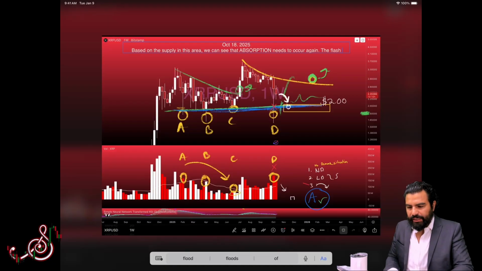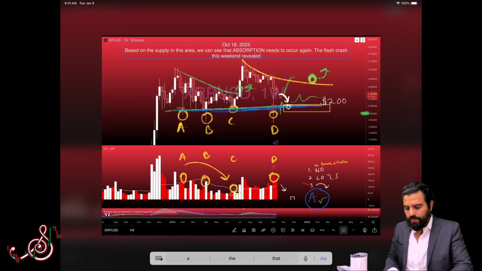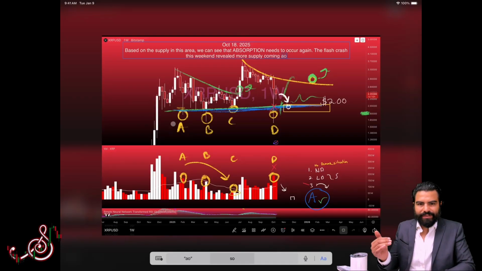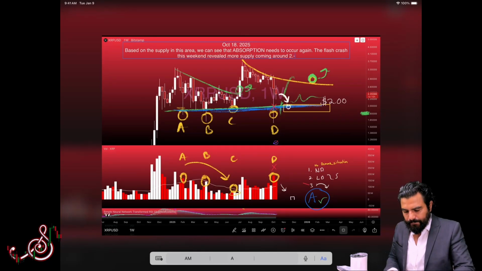The flash crash this weekend revealed more supply coming around, and that should be flat. This doesn't even look flat. Around $2 to 190 areas. That's about right. Yeah.